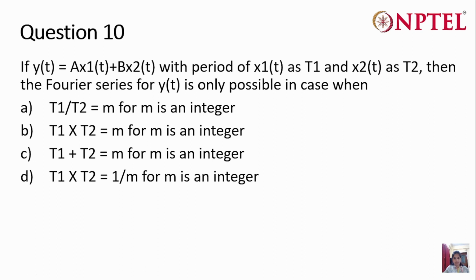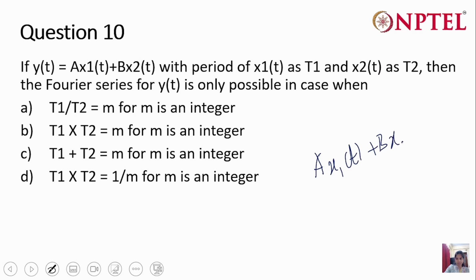It's a similar question, but not exactly. Now we have a into x1 of t plus b into x2 of t, where for x1 of t the period is T1, for x2 of t the period is T2.